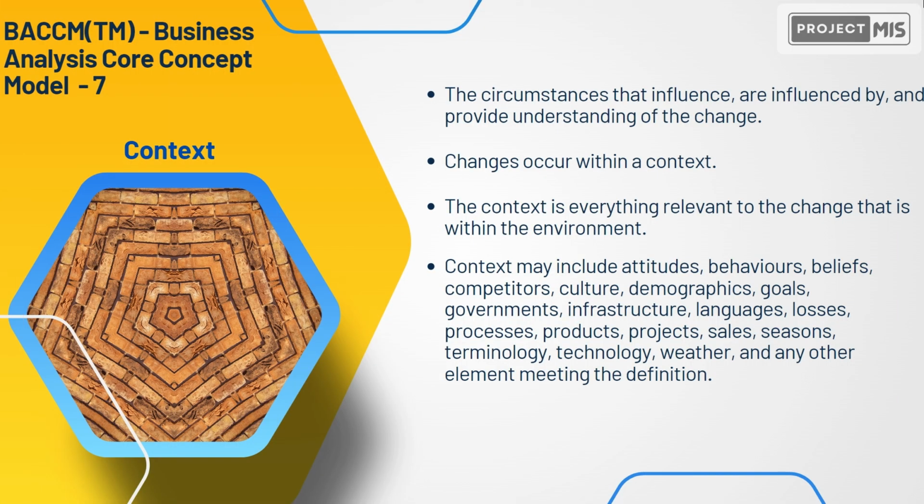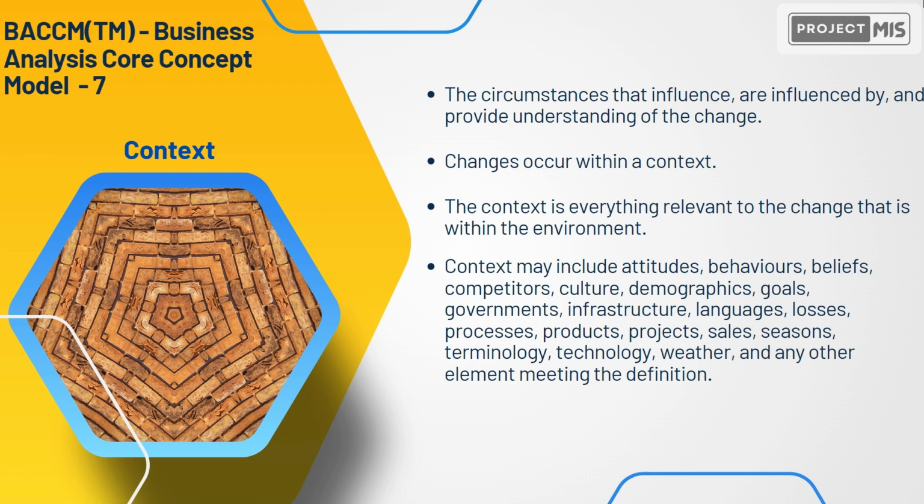Now we come to the sixth core concept of the model, which is context. The circumstances that influence, are influenced by, and provide understanding of the change. So in simple words, the environment where we are working, the surrounding of the change process, is called context. So change occurs within a context.